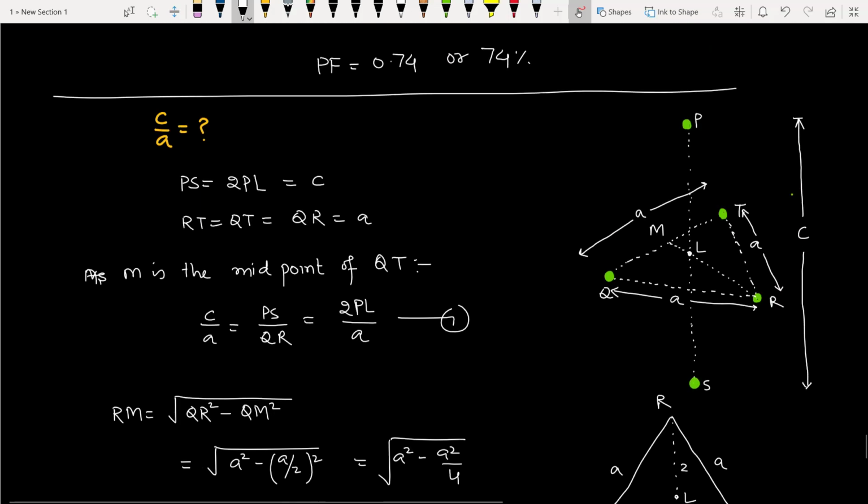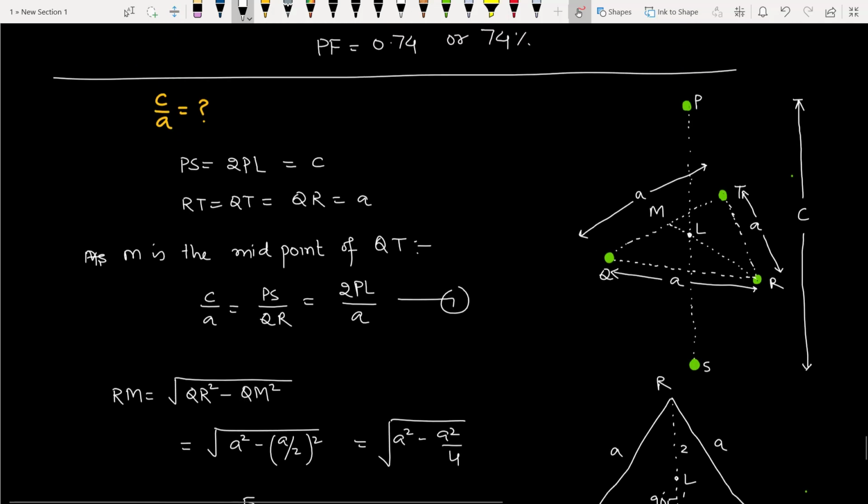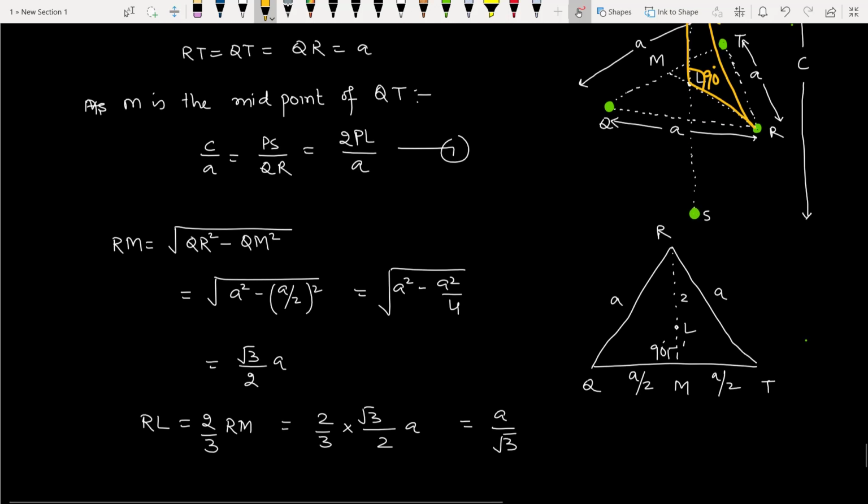So now coming to this triangle, I depict it with another color. This will be 90-degree. This is edge length A. RM we calculated. This is right angle triangle.